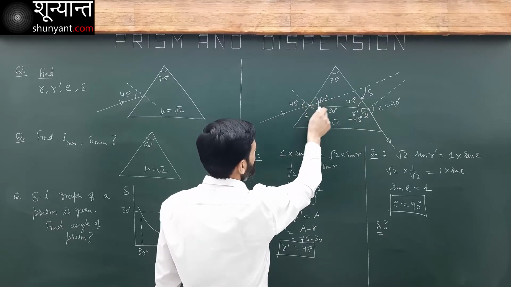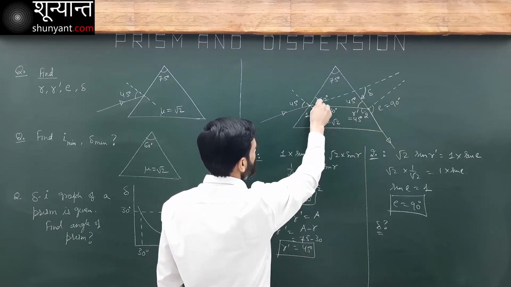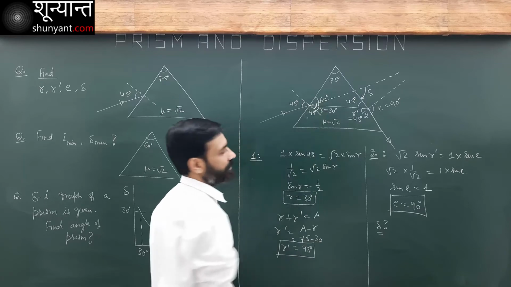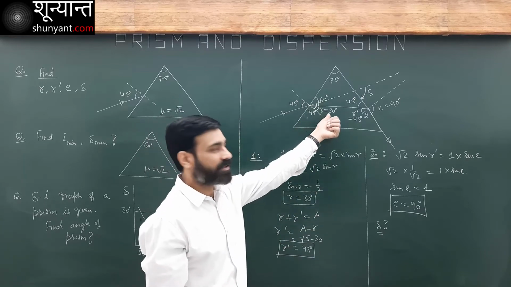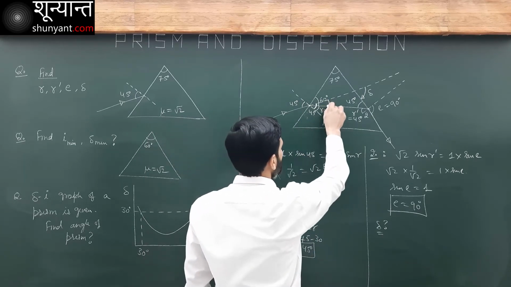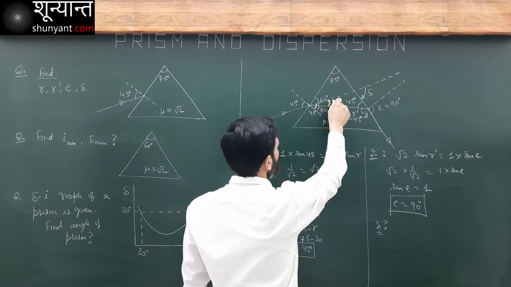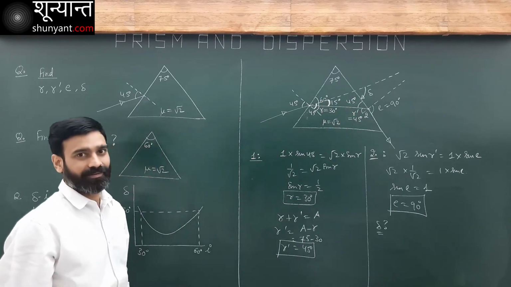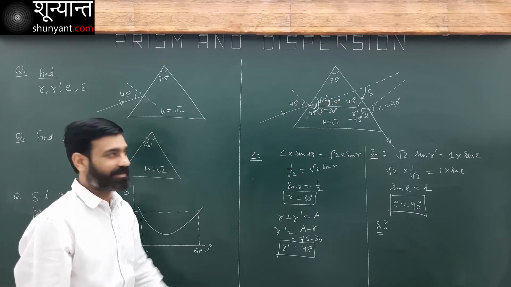What does it mean? That means this whole thing here is 45. Out of that, this is 30. That means this remaining angle here is 15 degree. Okay, makes sense?